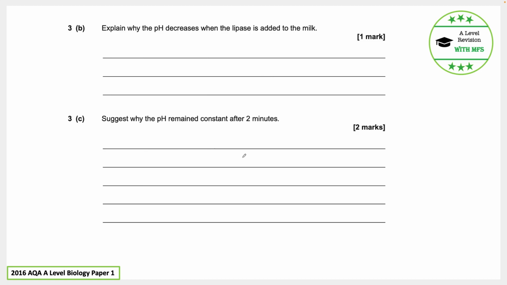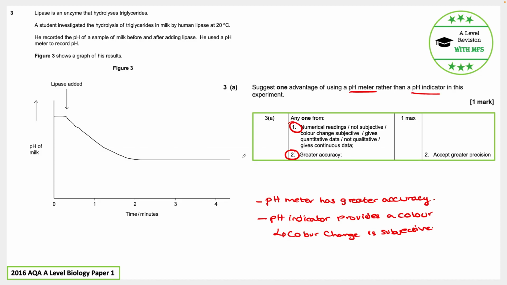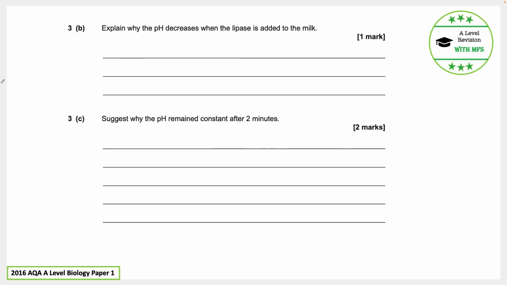Okay, next part of the question, it says explain why the pH decreases when the lipase is added to the milk. Well, if we go back to the question, we are investigating the hydrolysis of triglycerides. So when triglycerides are hydrolyzed, basically what happens is that the fatty acid chains are released. Okay, so why does the pH decrease?